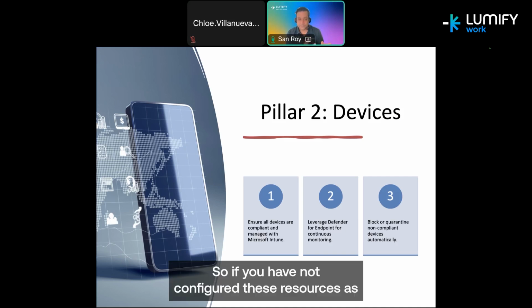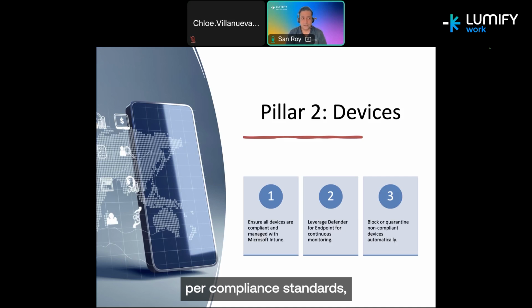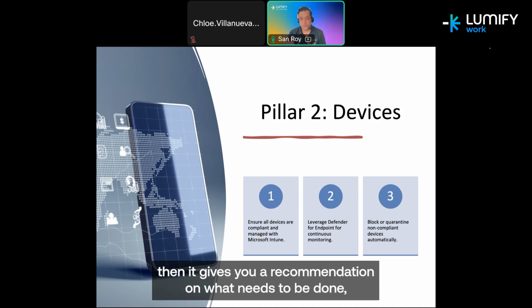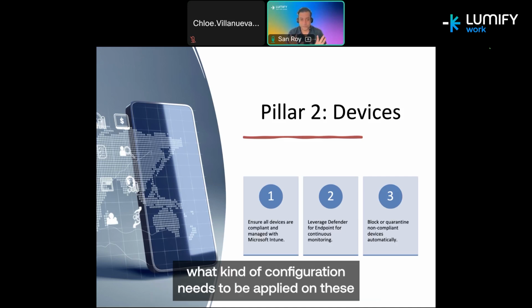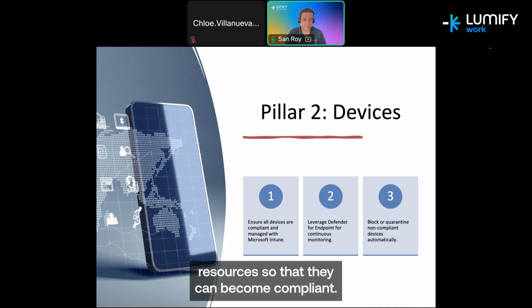If you have not configured these resources as per compliance standard, then it gives you a recommendation what needs to be done, what kind of configuration needs to be applied on these resources so that they can become compliant.